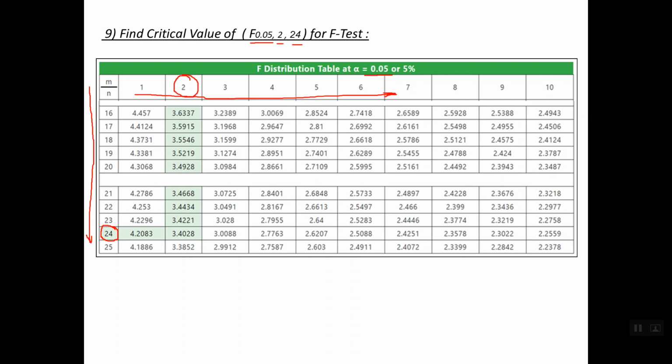So the intersection for these two values of degree of freedom is 3.4028.